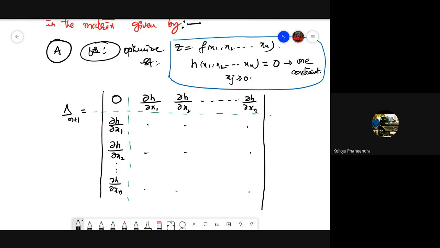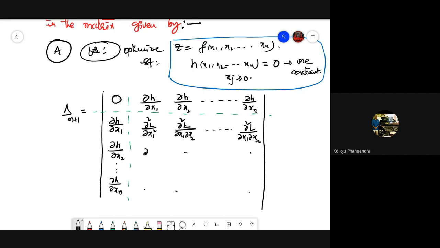Taking this as 1-1 position, for L you write the double derivative with respect to x1. With respect to x1, x2, and so on, this is the 1n position: dou x1, dou xn.